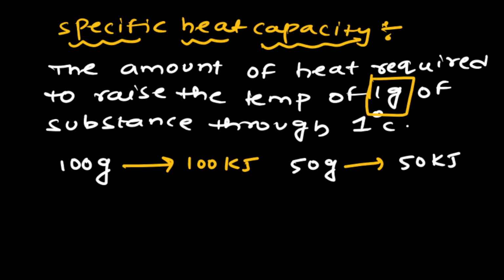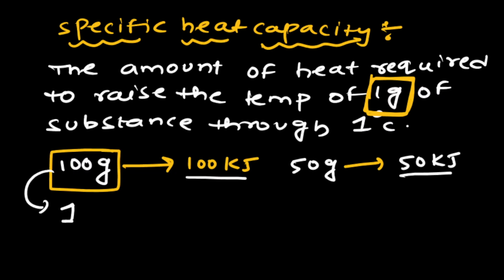For 100 grams, the heat absorbed is 100 kilojoules, arbitrarily given just to help you understand. For 50 gram, 50 kilojoules of heat is absorbed. Now specific heat is for 1 gram only. From the 100 gram, I take 1 gram, and from the 50 gram, I take 1 gram.